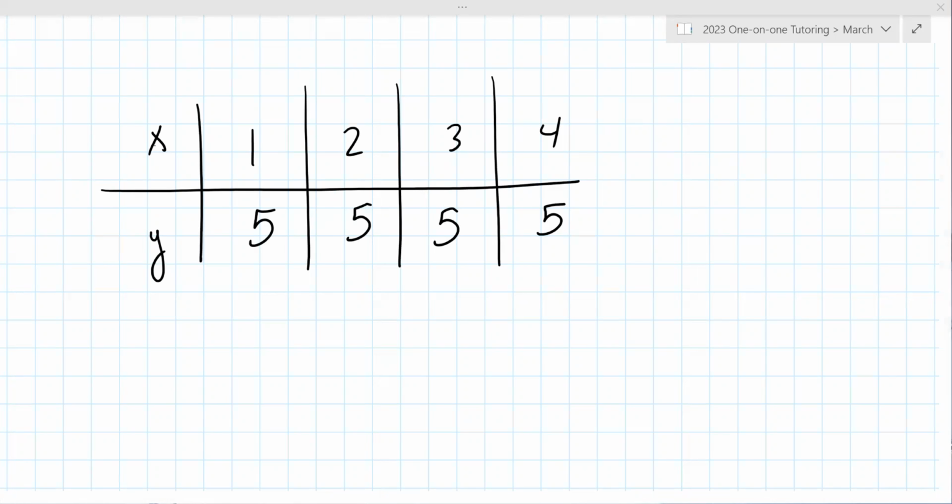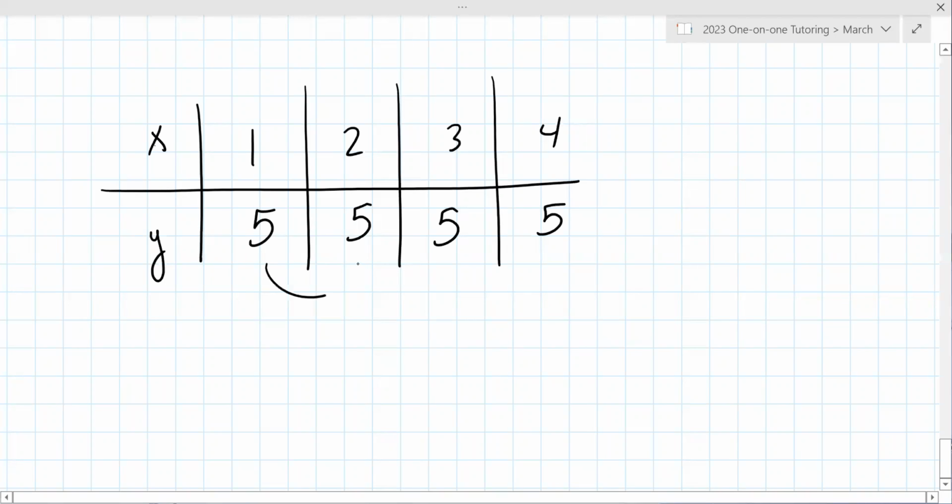I don't think that's a function because you have, oh no, it's this. Okay. It is a function. No, that's linear because it's like a straight line, right? Or a horizontal line. That's right. So the difference is 0, and that's fine. 0 over 1 is 0, and that's your slope or your rate of change.